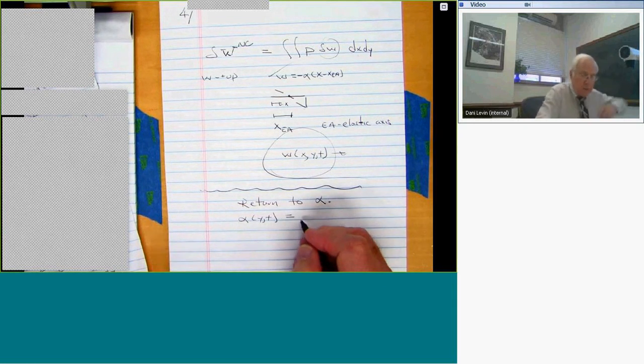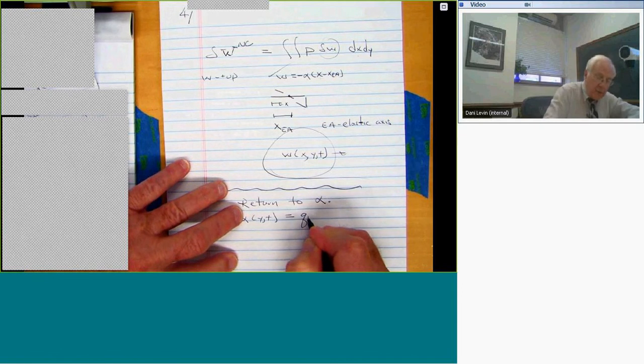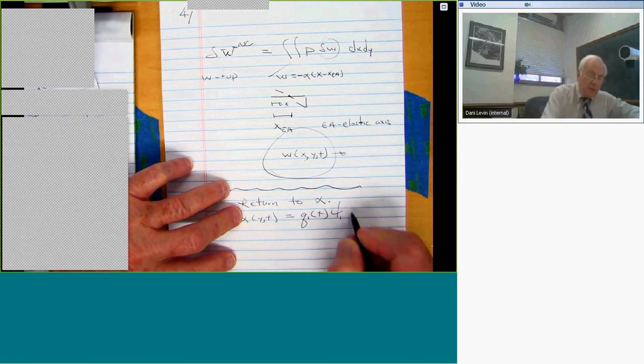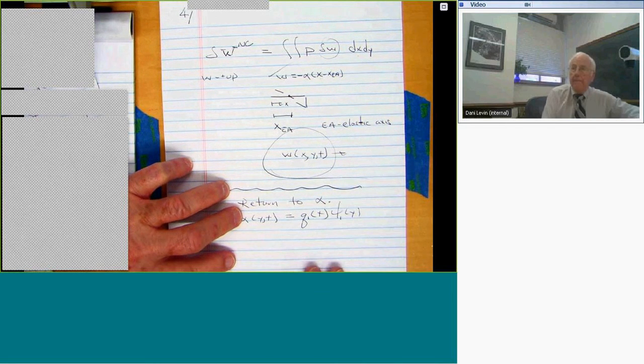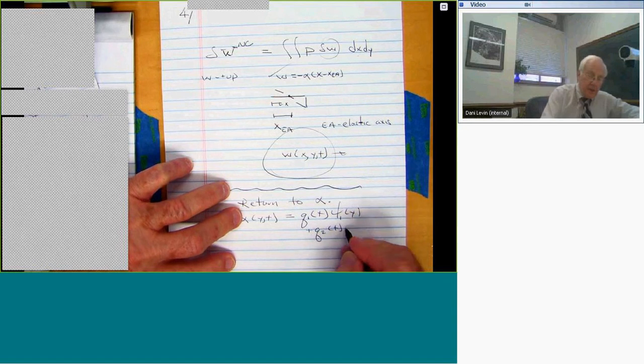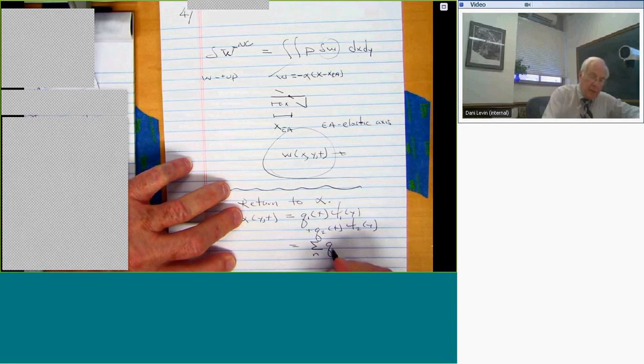I'm going to write it as some function of time, which most of the literature calls small q, q1 of t times some function of y. And if I'm lucky, that's enough. But to be absolutely sure, I might want to allow for the fact there could be a second q and a second function. And then, of course, the more general form is sum over n of q sub n of t psi n of y.